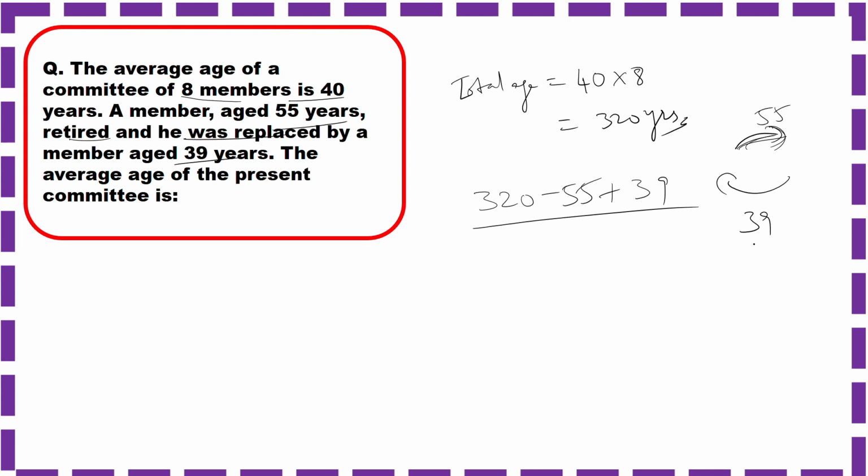By 8, because one is going out and one is coming in, so there is no change in the total number of members, right? The total number of members remains unchanged. So calculate this and you will get 38 years as the average age of the present committee.